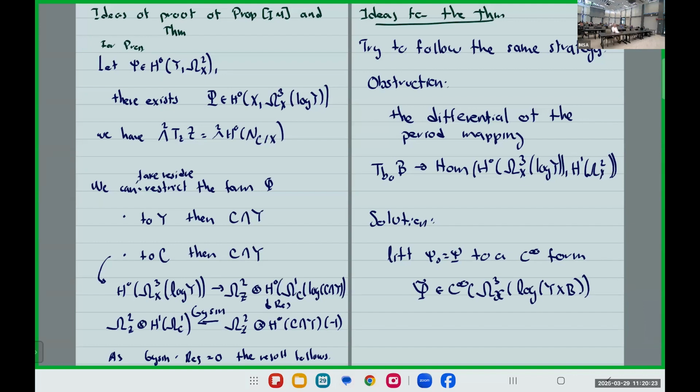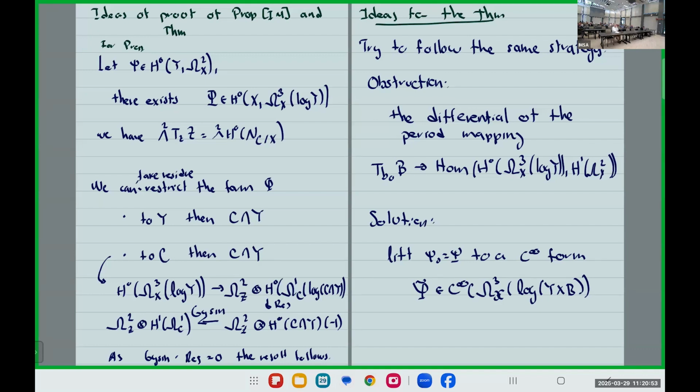So now, for the theorem, we want to do something similar. We want to lift the two form on Y, so we are deforming a Fano threefold, but we are keeping fixed the boundary. So we can lift it in the relative bundle, but we want to really have a form that is defined in every direction.